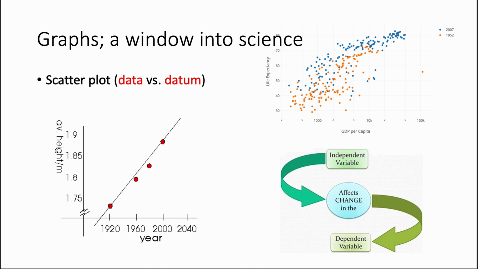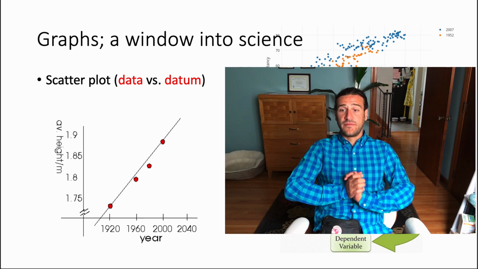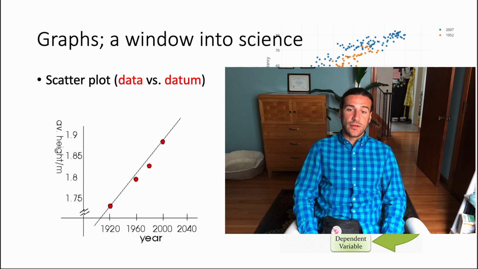We should know next that the independent variable affects change in the dependent variable. The figure on the bottom left, we have plant height as a function of year. This is a perfect example of describing the independent versus dependent variable.